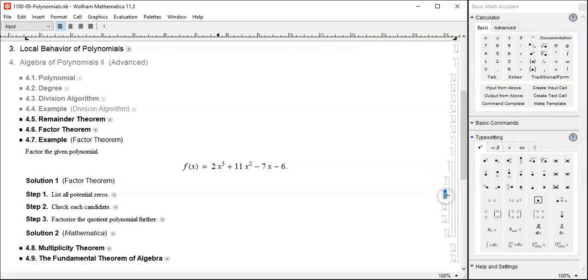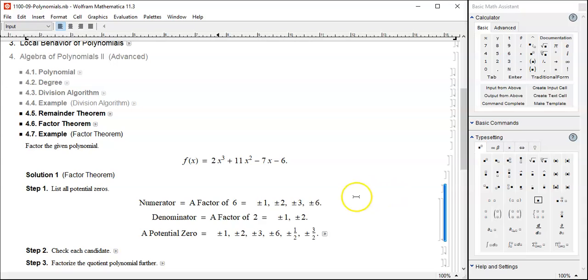Okay, let's list all the potential zeros. Basically, the factors of the constant term are going to be the numerator, and the factors of the leading coefficient are the denominator, and we have this long list of possible zeros.